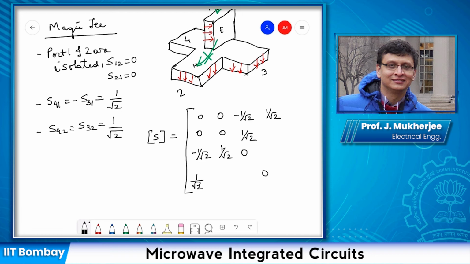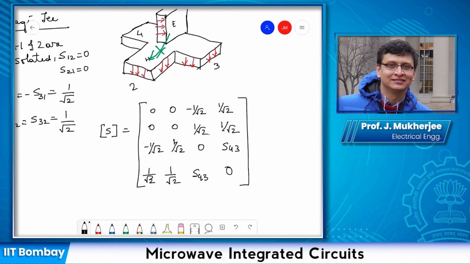Then we have S43, sorry, S4 is S42, so this is also the same. We don't know what is S43. Let's just write it like that.